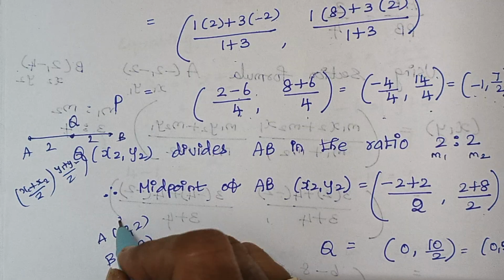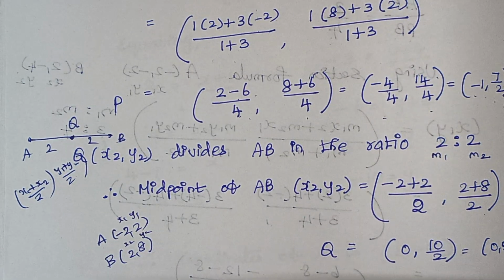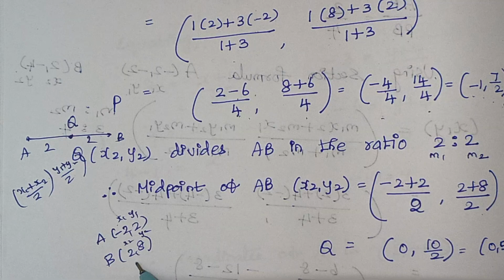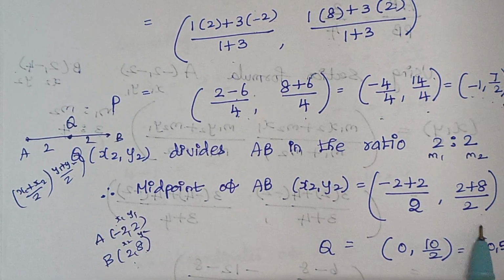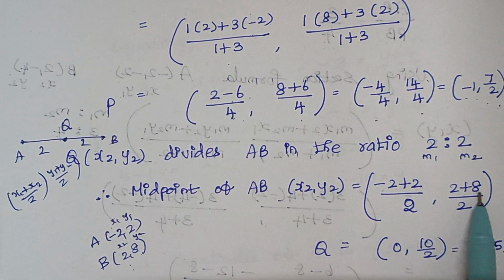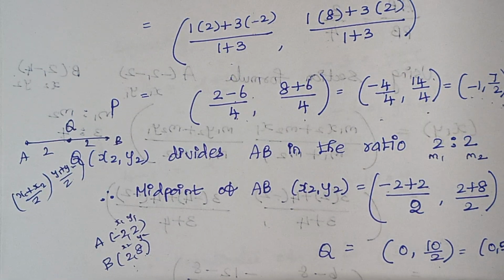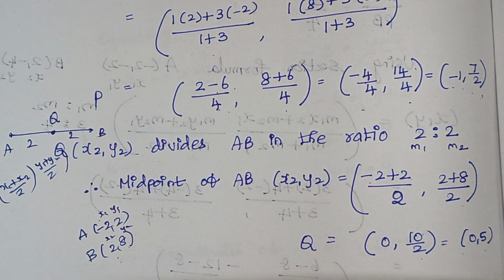So again this is my x1 y1 and this is my x2 y2. So x1 plus x2, so minus 2 plus 2 by 2, and here 2 plus 8 by 2. So minus 2 plus 2 becomes 0 and 2 plus 8 is 10, 10 by 2. When you simplify, the answer is 0 comma 5, right?